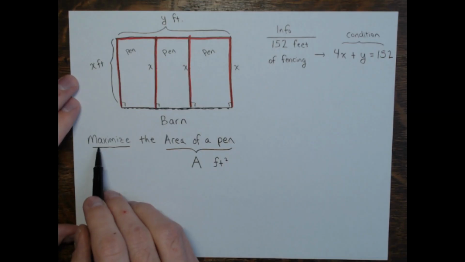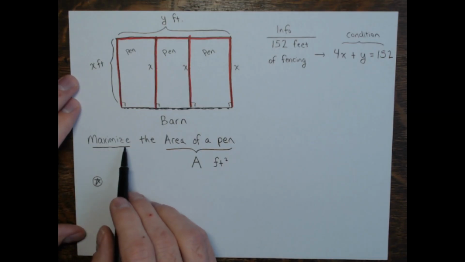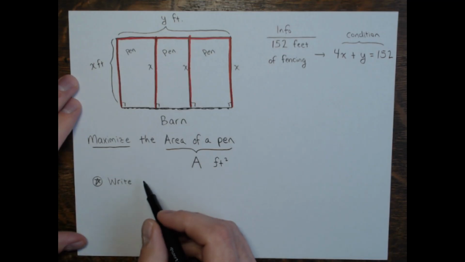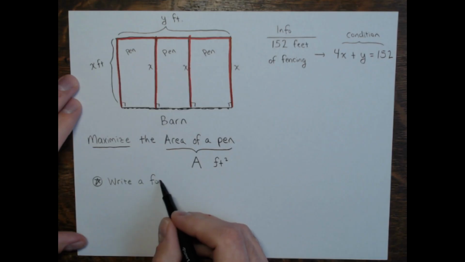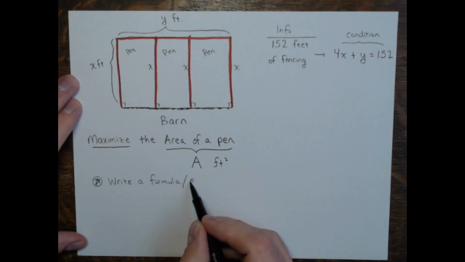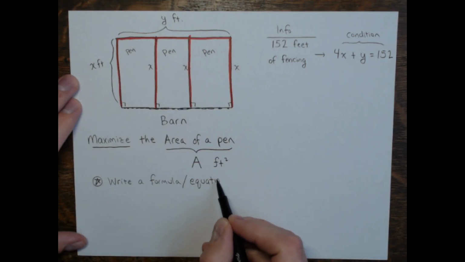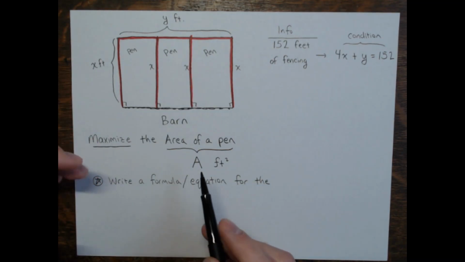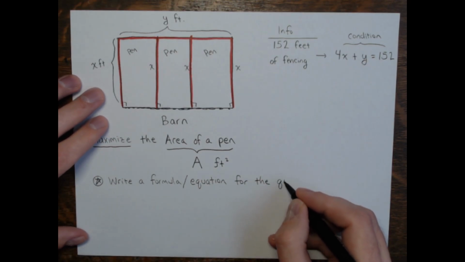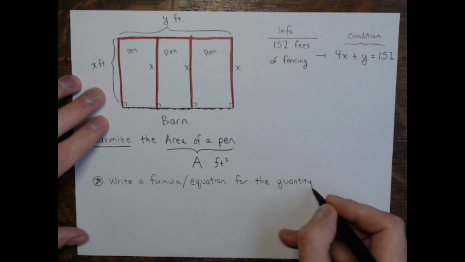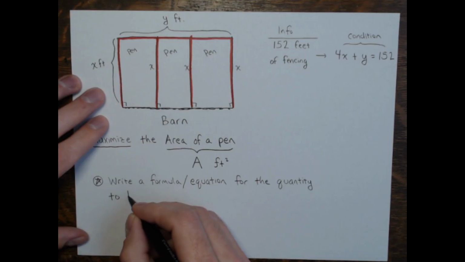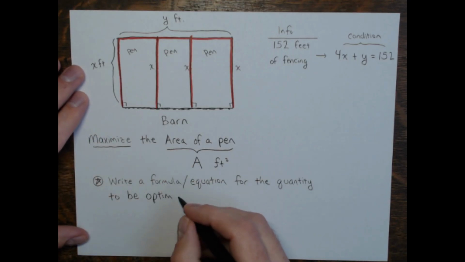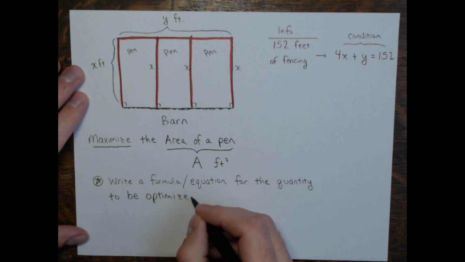So then you identify what is to be maximized or minimized, and then write an equation, a formula or an equation for the quantity that is to be optimized. So for the quantity to be optimized, right here it's maximizing area again.